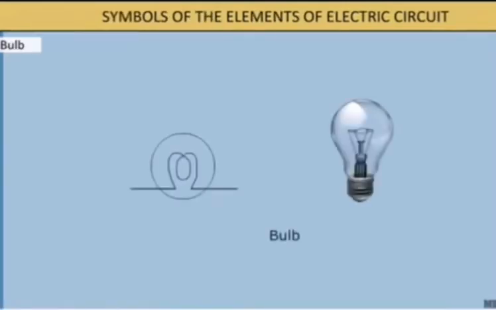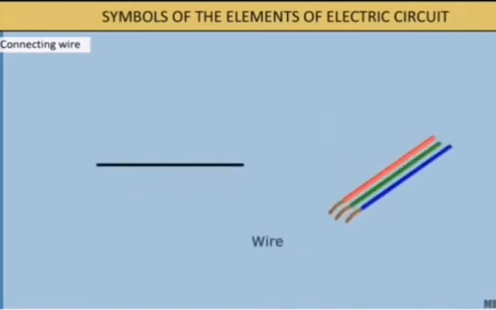Now, symbols to represent an electric circuit. A bulb is represented by a circle with a coiled wire. A connecting wire is represented by a straight line.